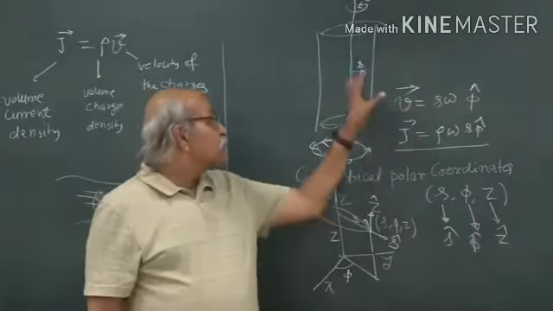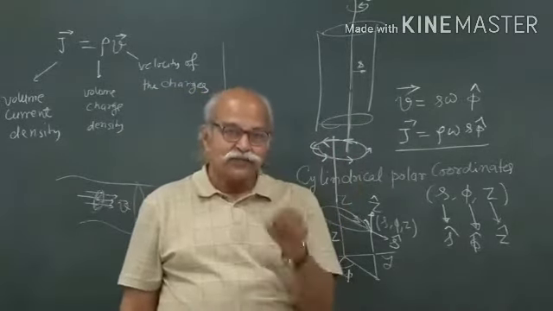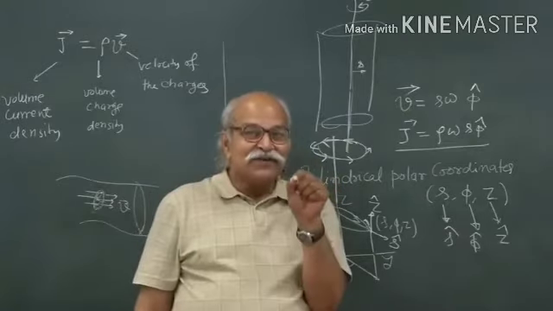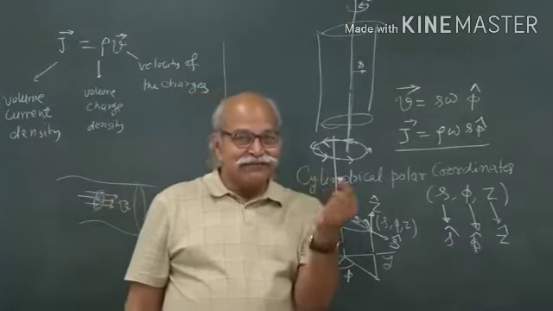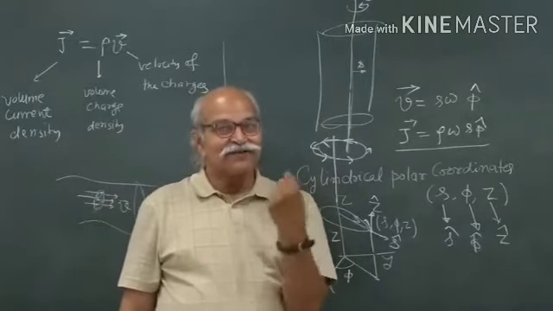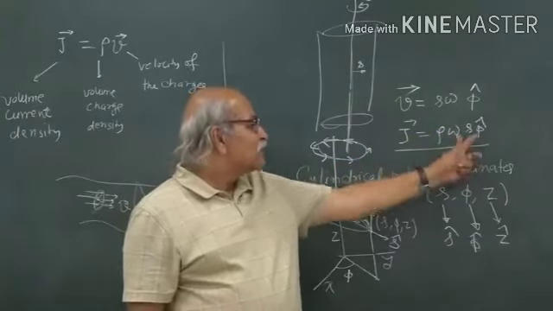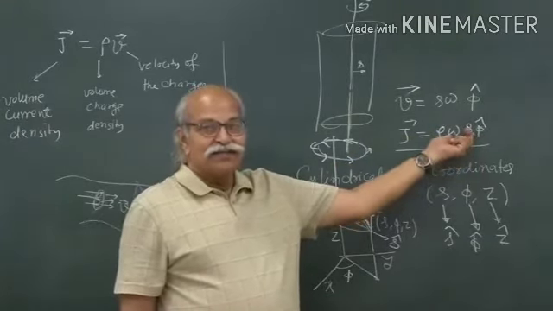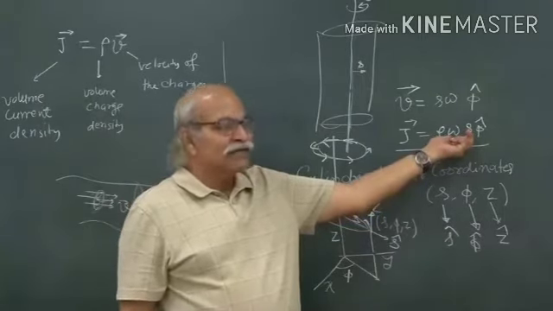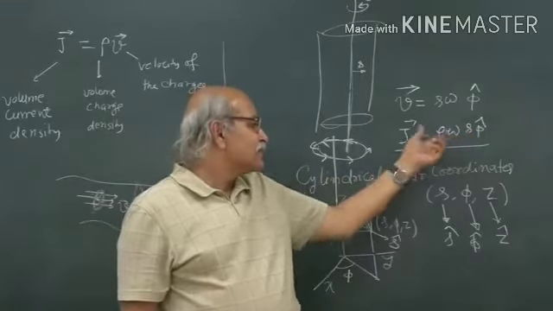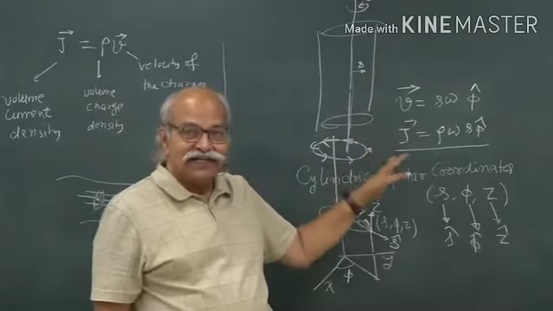Now, since that whole cylinder was rotating about its axis, all those grains, all those rock salt particles, all those charges were going in circles around the z axis, and therefore the velocity direction is phi cap, and the magnitude of velocity is omega, the angular speed, multiplied by the distance from the z axis, which is also the axis of rotation, and then the charge density. This is the expression for volume current density.